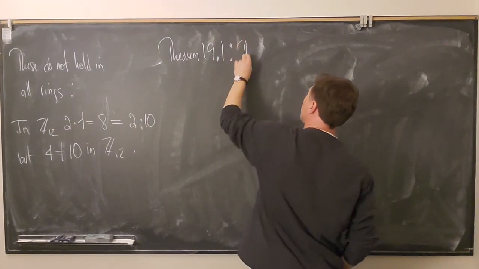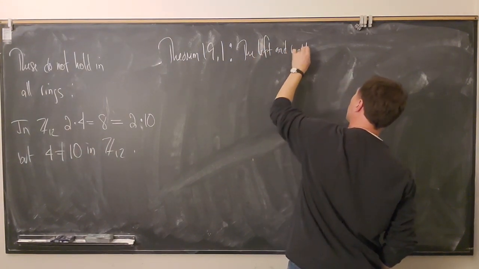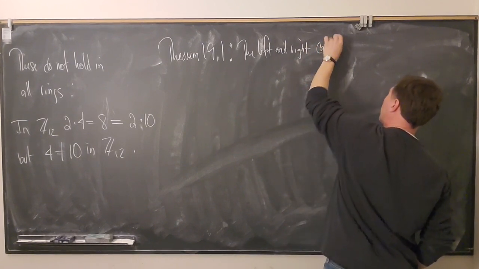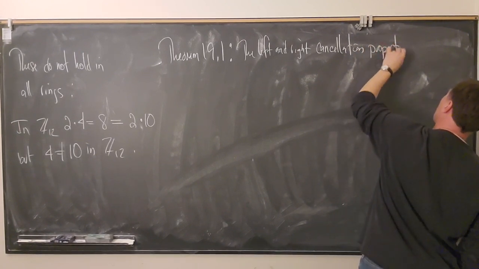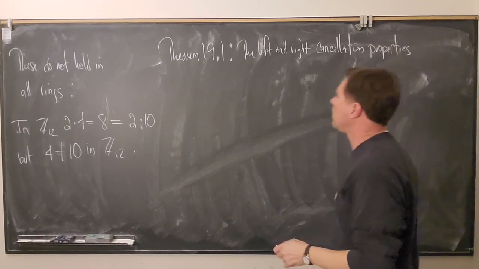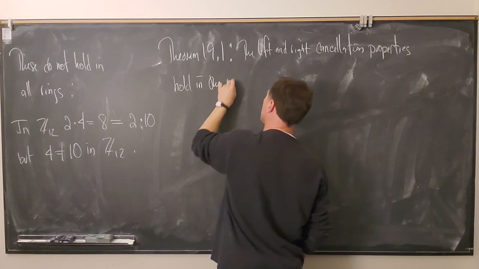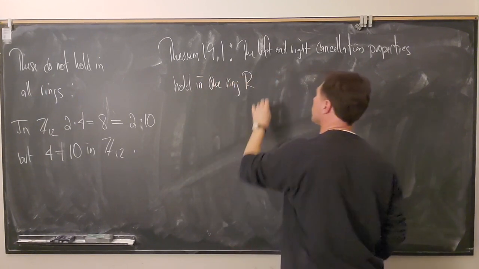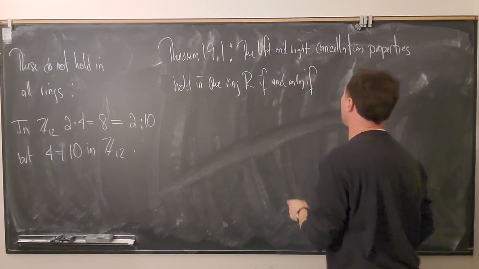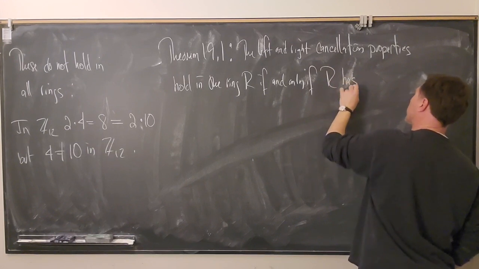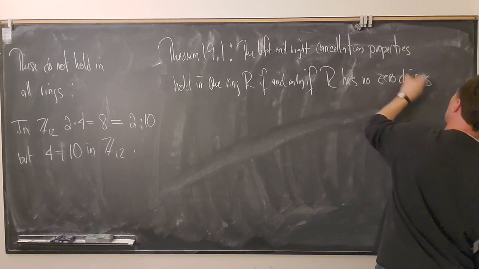The left and right cancellation properties hold in the ring R if and only if R has no zero divisors.